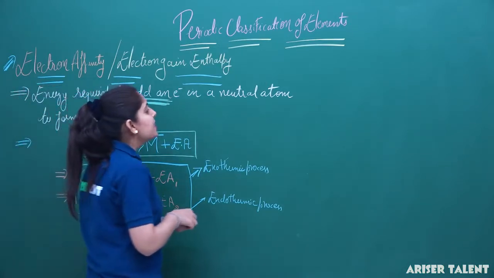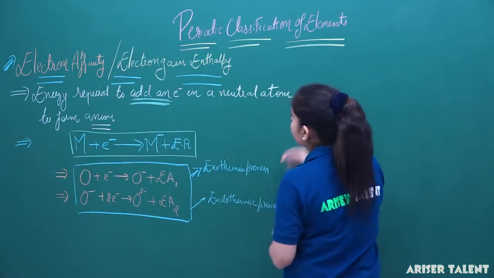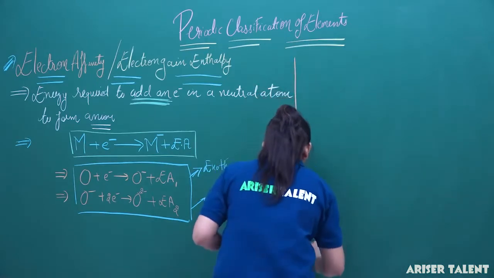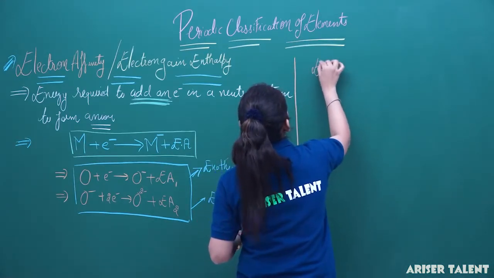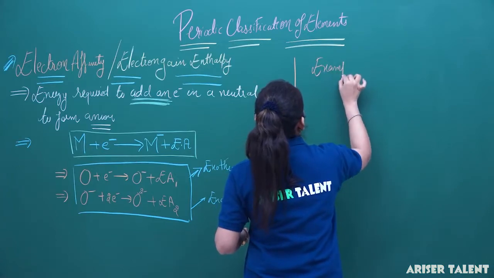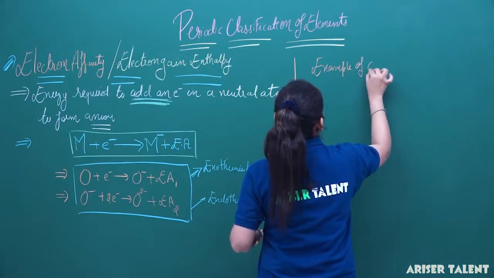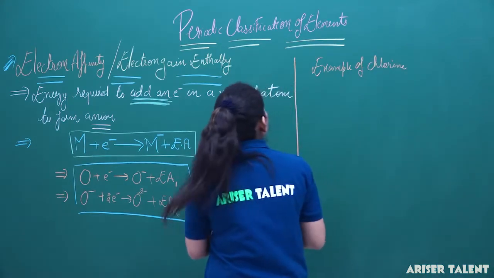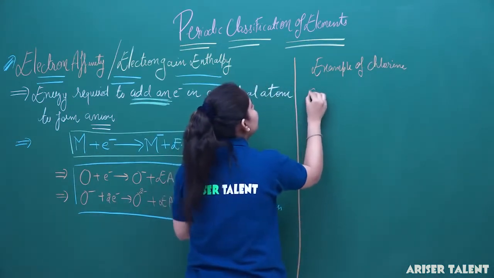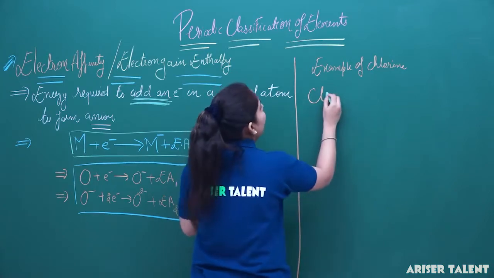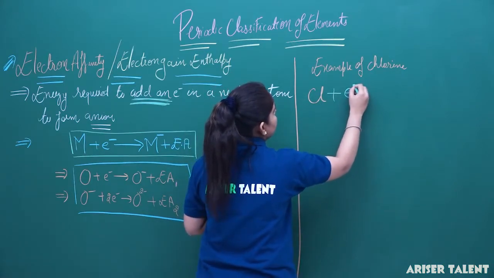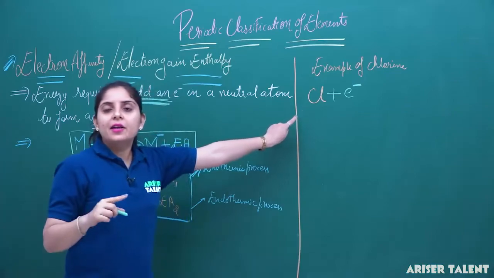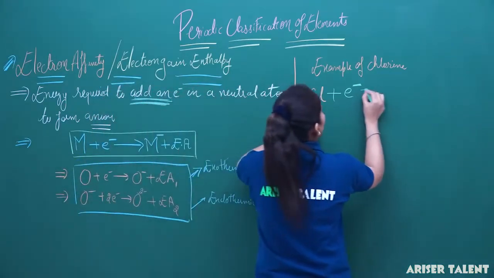Now let us consider the example of chlorine here. In the case of chlorine, if I am adding one electron to the chlorine atom, what am I getting here?